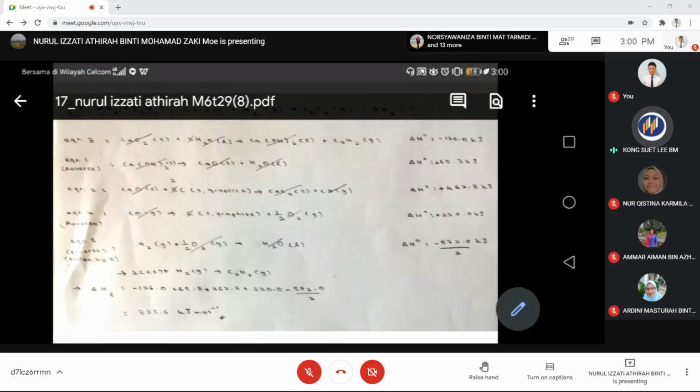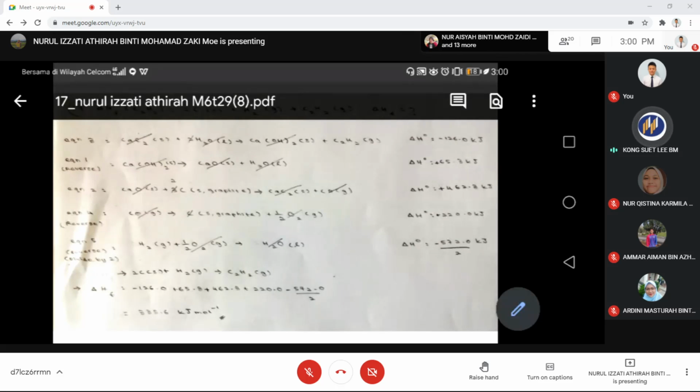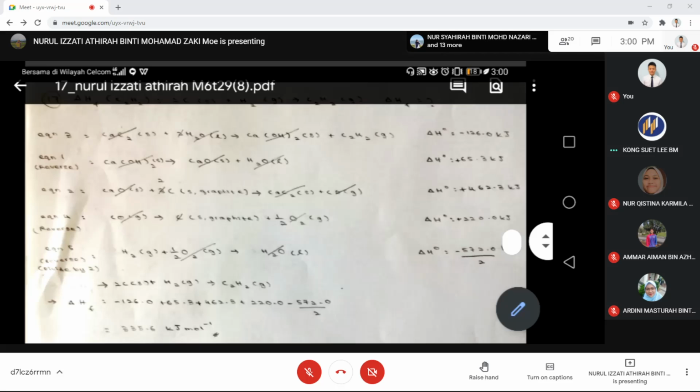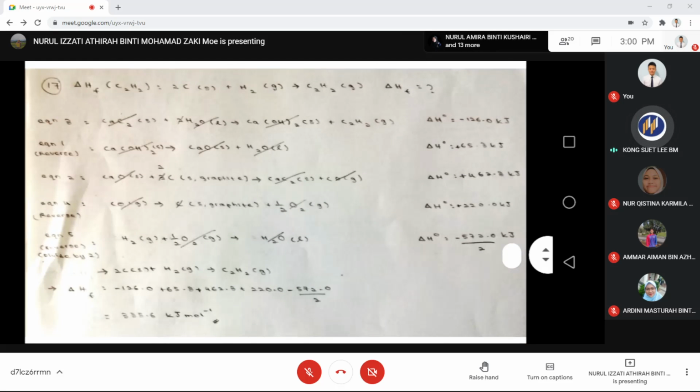Medium, can you see the screen? Yes, can. Okay. You must label enthalpy 1, 2, 3, 4, 5.